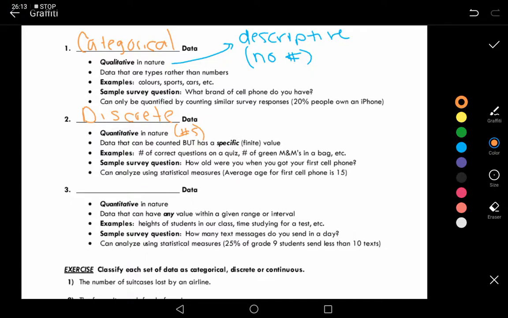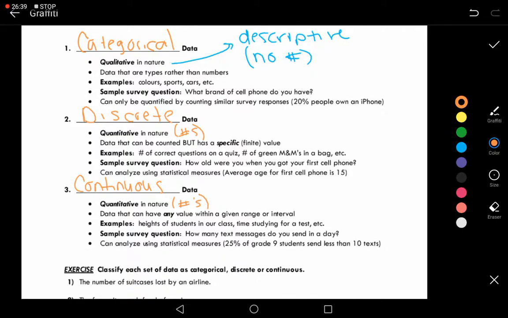Okay, the last type of data is continuous. Continuous is again quantitative, so that's numbers. It's data that can have any value within a given range or interval. So the difference there is that range or interval.